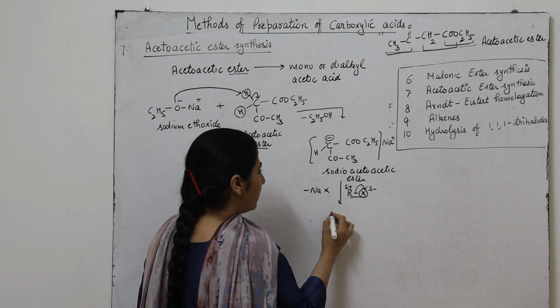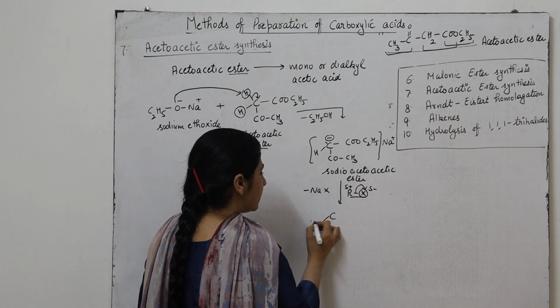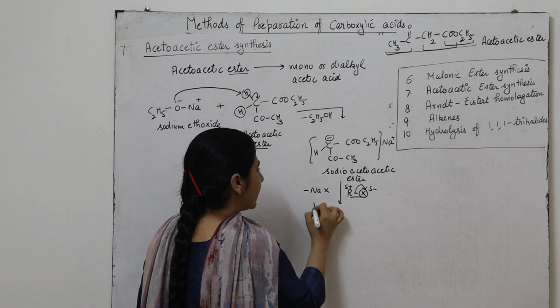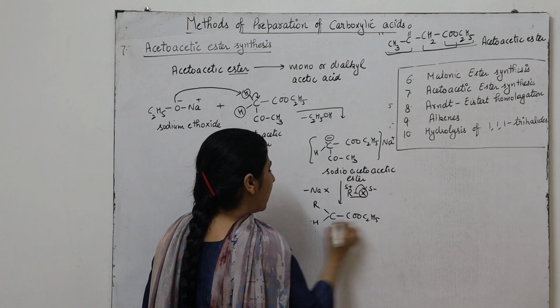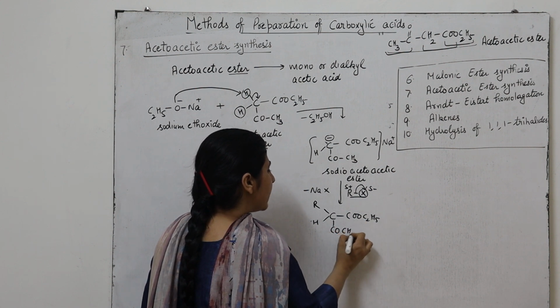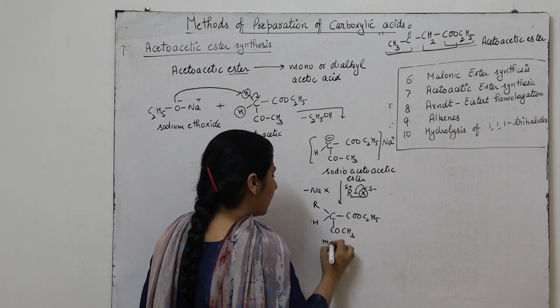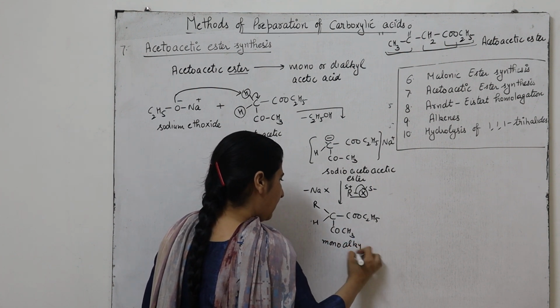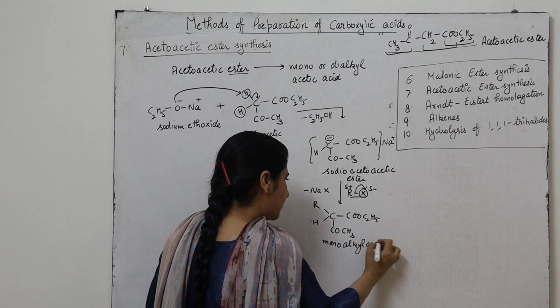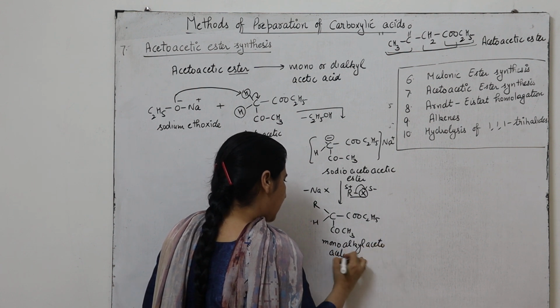So we get the final product, CH, R group, COO C2H5, COCH3. So this is a monoalkyl acetoacetic ester.